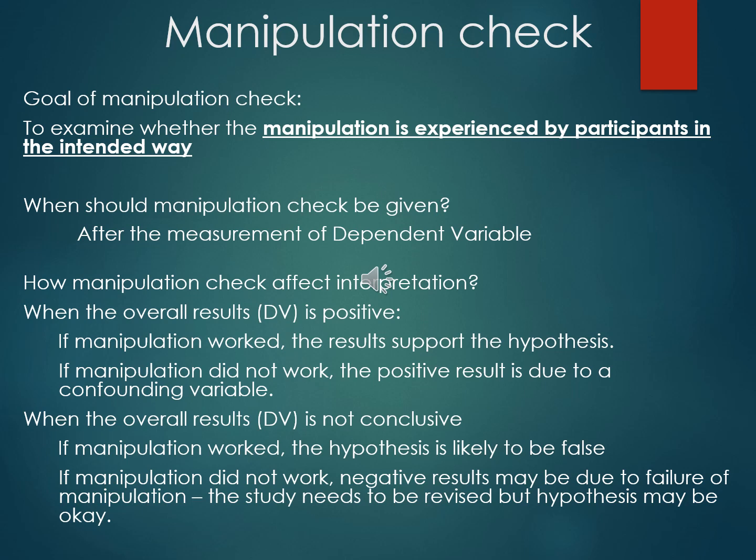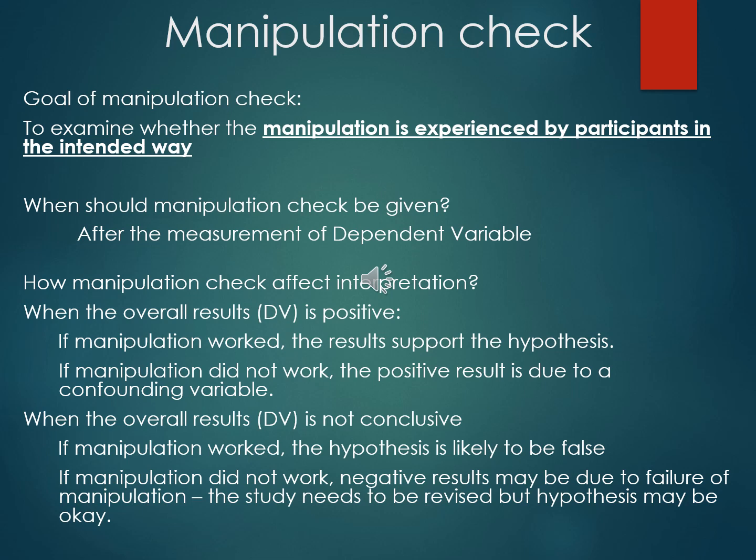That should be avoided. Therefore, the manipulation check should be given after the dependent variables, even though the quality of the manipulation check may be slightly compromised. That's okay. The most important thing is to preserve the quality of the dependent variable.